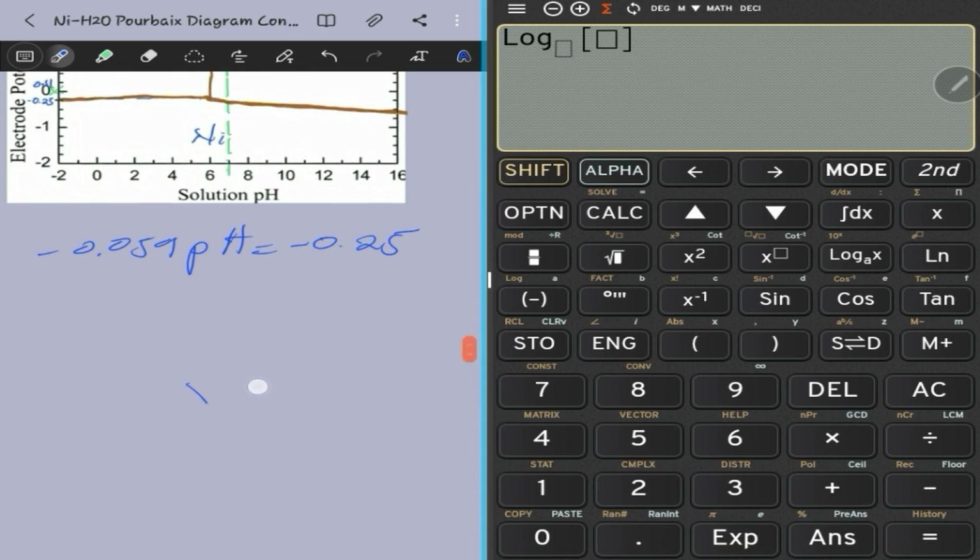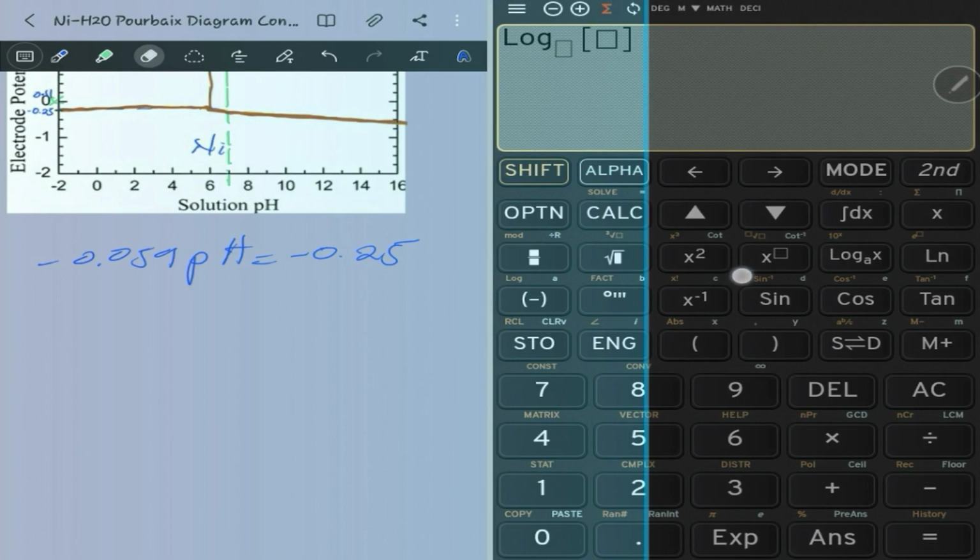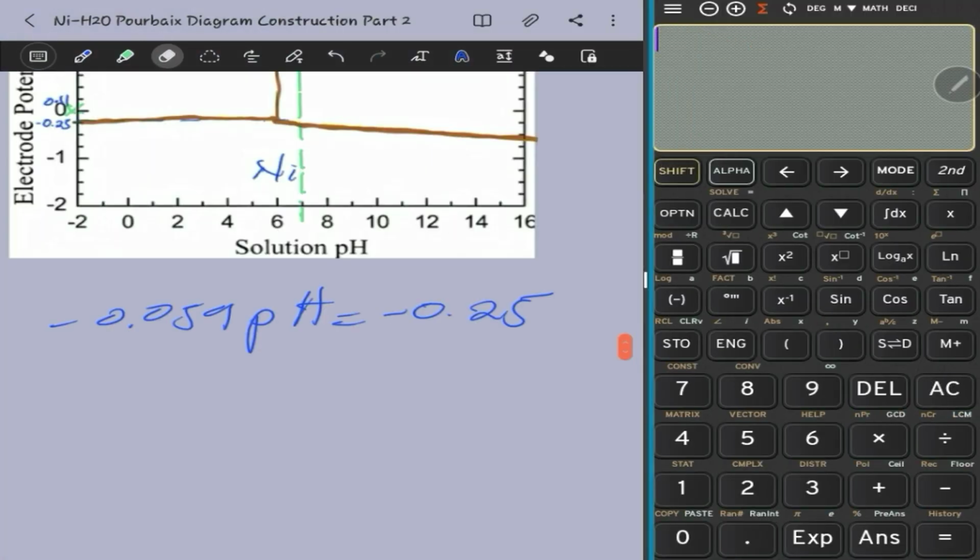All right. So now that we have this, the left side is straightforward. Minus 0.059 pH, which is what we are looking for, and then we have minus 0.25.